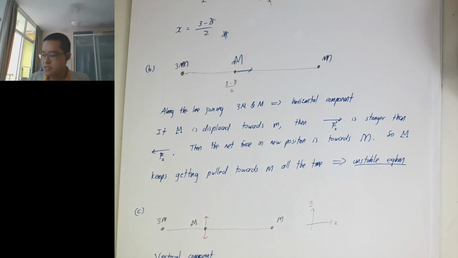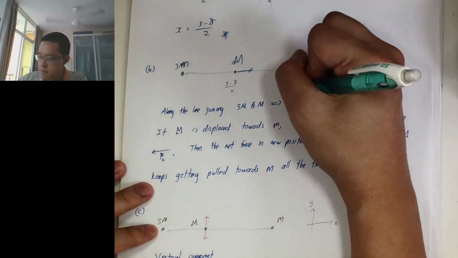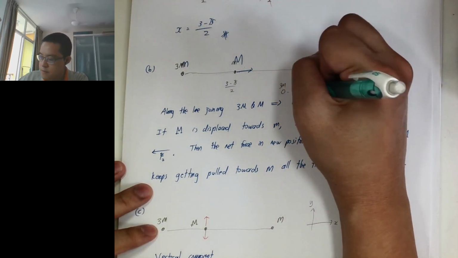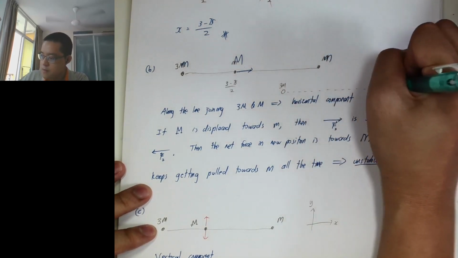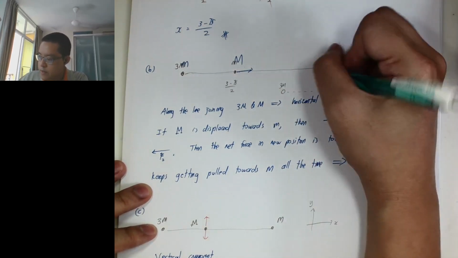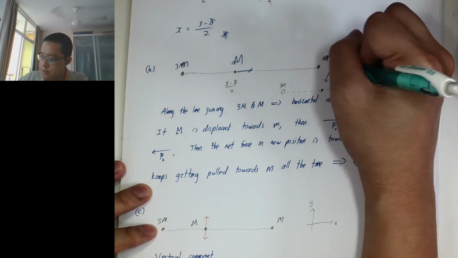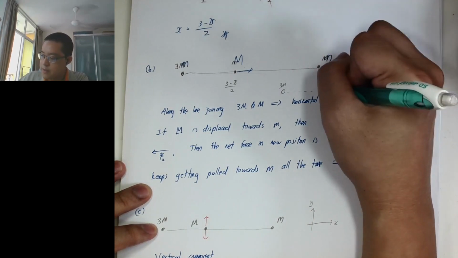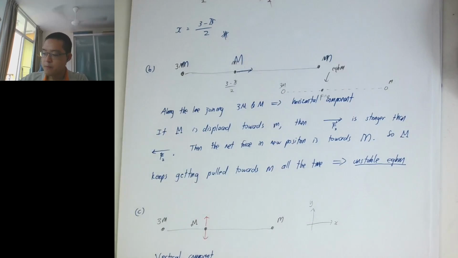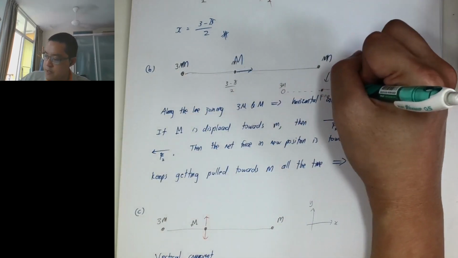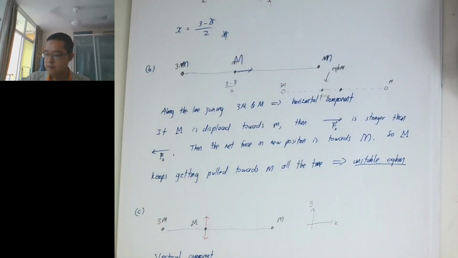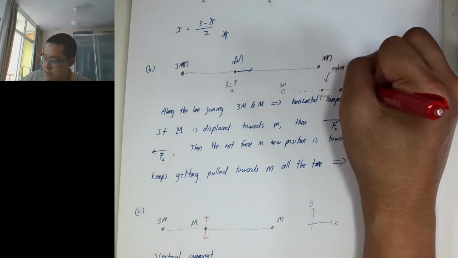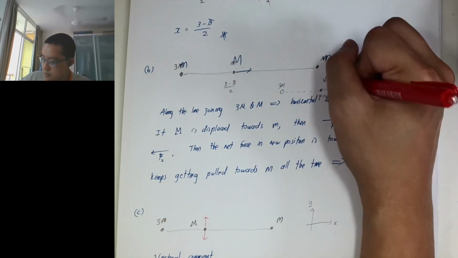So if I draw in pictures for B, if this is my equilibrium position, then the net force is 0. But if I shift it, let's say I move it a bit here, then this force is stronger than this force.